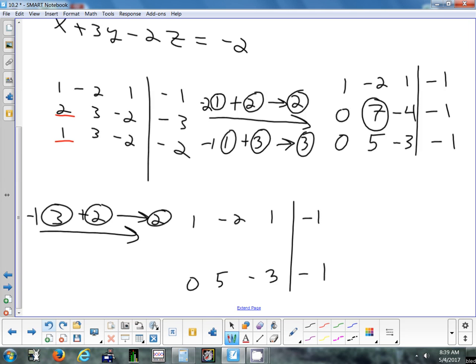Okay, second row. We're going to take -1 times the third row and add it to the second. What's -1 times 0 plus 0? It's okay to work with rows 2 and 3 because you'll never mess up those zeros again. Just don't work with row 1 anymore. Okay, that one's done. What's 5 times -1 plus 7? 2. That's better.